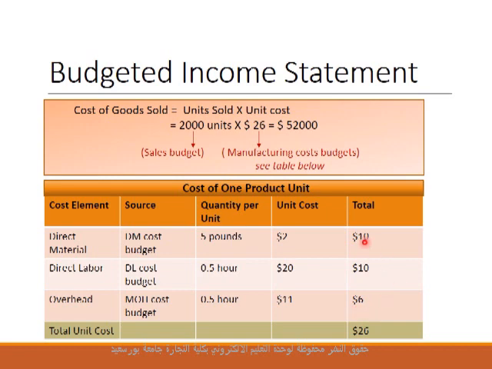By adding up $10 direct material cost per product unit, $10 direct labor cost per product unit, and $6 manufacturing overhead cost per unit, we can obtain total unit cost, which is $26. By multiplying unit cost, $26 unit cost, by 2,000 units expected to be sold during 2020, we can obtain cost of goods sold, which is $52,000.